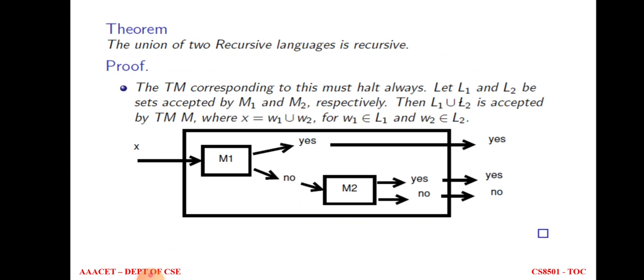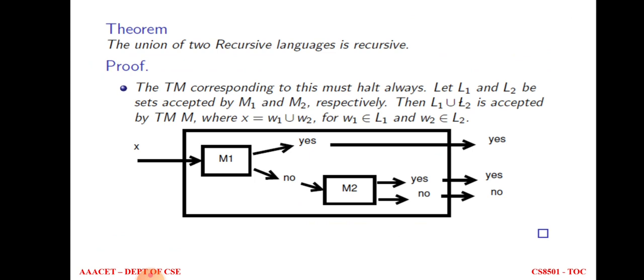The first property is union of two recursive languages is recursive. So consider there are two languages, one is L1 and the second one is L2. L1 is accepted by M1, that is Turing machine 1, and L2 is accepted by another Turing machine M2. So we have to perform the union operation of both two recursive languages. So we can write L1 union L2, because L1 is one recursive language and L2 is another recursive language.